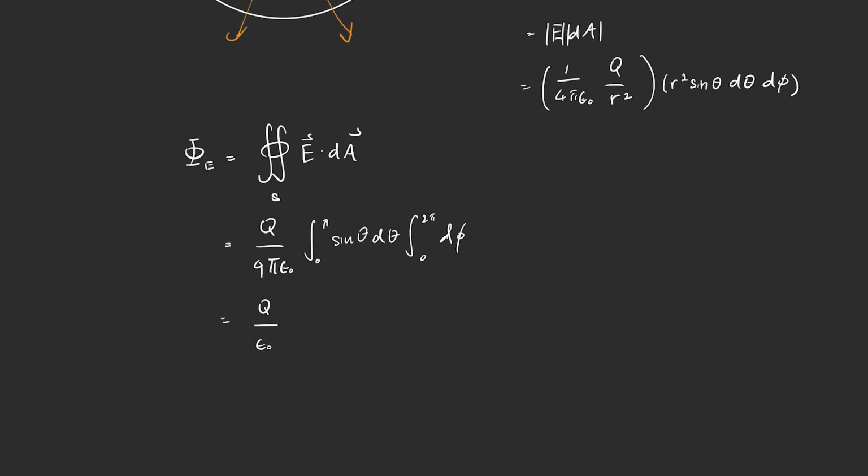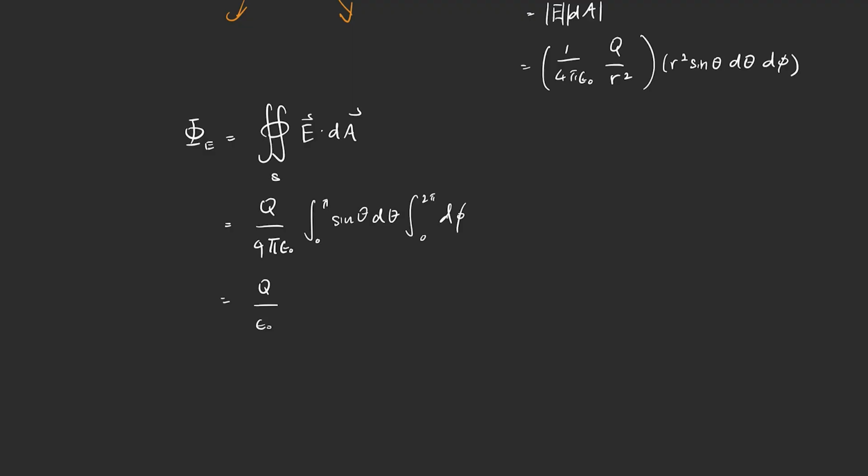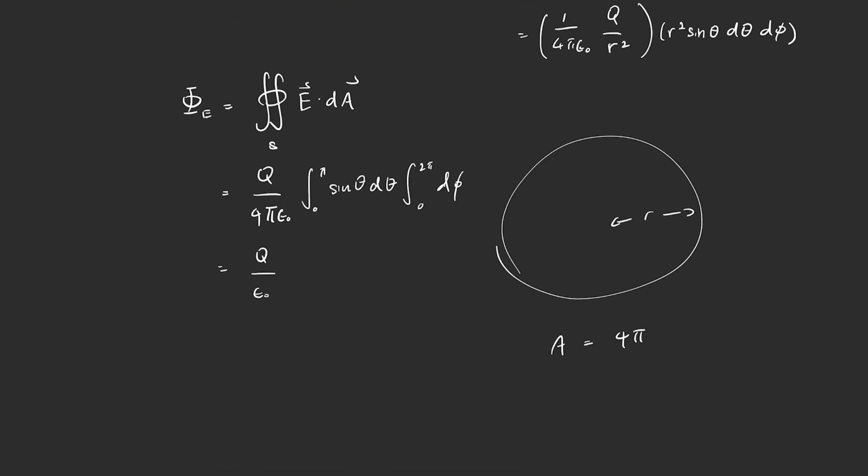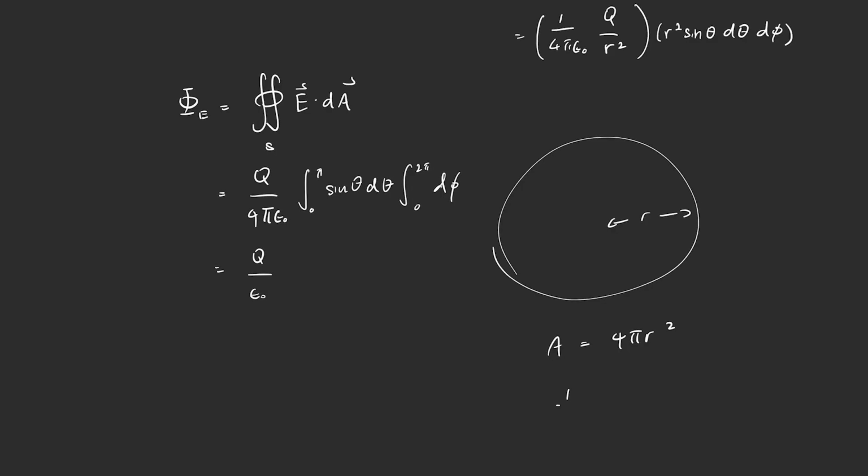This is the more mathematical way to obtain this, but you can also do it if you notice that for a sphere with radius r, the area is 4 pi r squared, and the magnitude of the electric field at any point is k q over r squared.